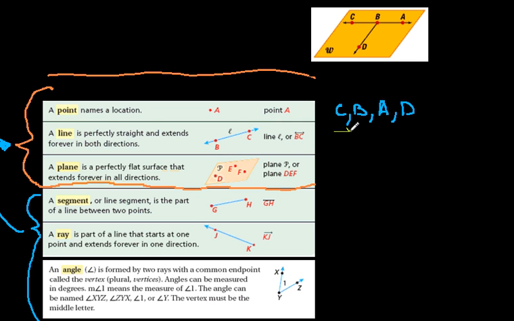So I've got this symbol here, and underneath it, I've got to indicate two points. So I'm naming this line using this symbol again, and let's use the points C, A. Was there another line?